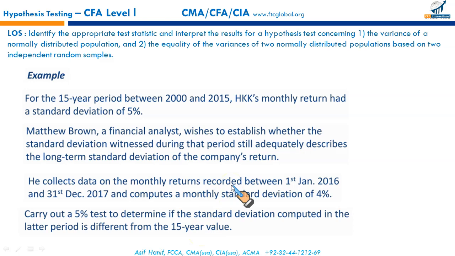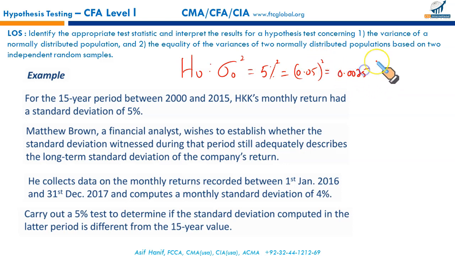Now this is basically a chi-square test on variance. Let us set up the hypothesis. Our null hypothesis is that variance is equal to 5% squared, which means 0.05 squared, and that will give you 0.0025.